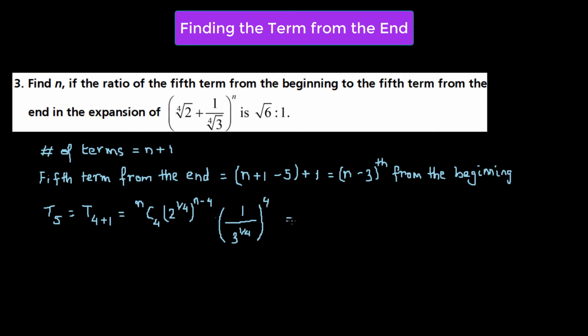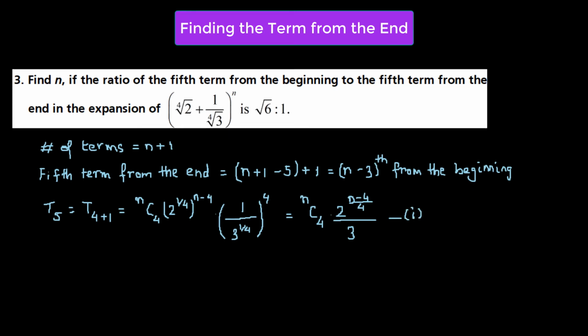We simplify it, so this will give us nC4 times 2 raised to the power of (n minus 4) divided by 4, whole thing divided by 3 raised to the power of 1/4 times 4, which will be simply 3. So let's call it equation number 1.